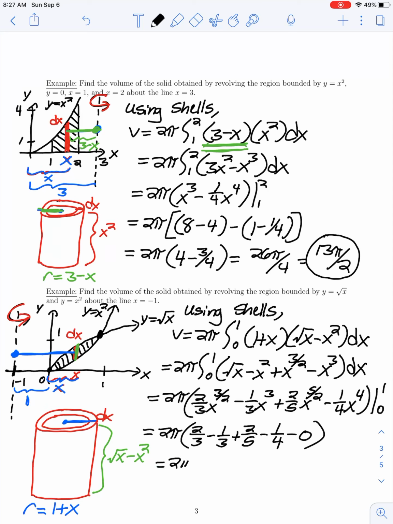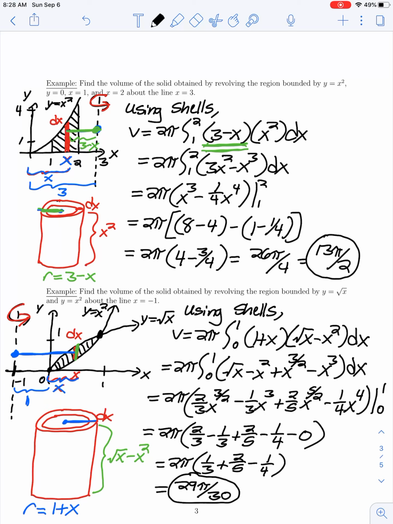So simplifying a little bit, we have 2 pi times the 2/3 minus 1/3, which gives us 1/3, plus 2/5 minus 1/4. After some simplification, we find that we're left with a total of 29 pi over 30. To combine those fractional terms, you can use a common denominator of, say, 60. And after some simplification, you're left with 29 pi over 30 cubic units for the volume of that solid.